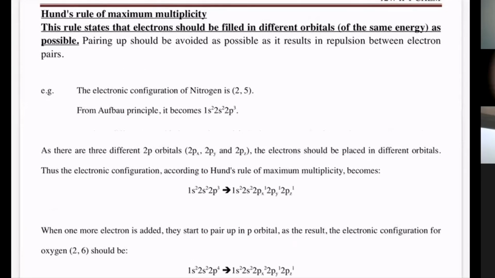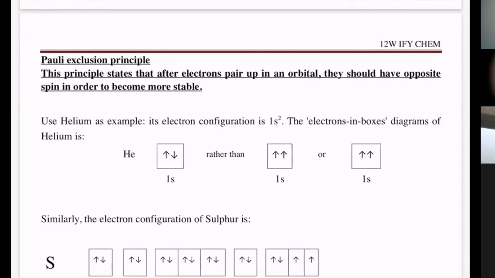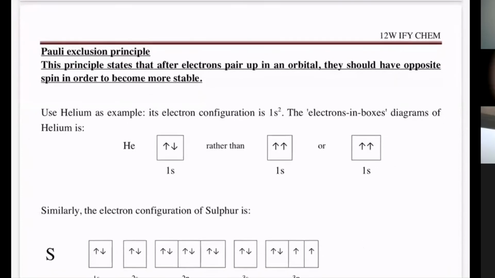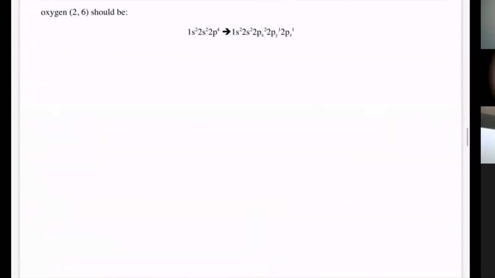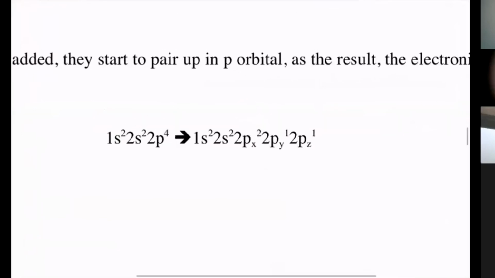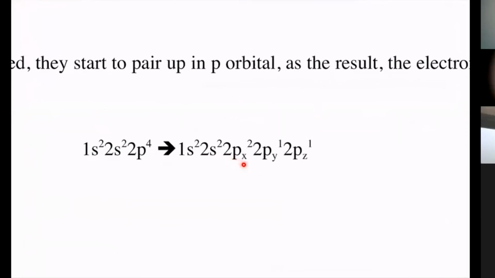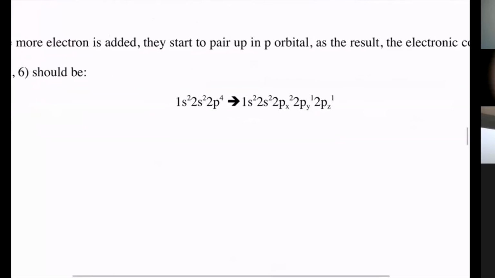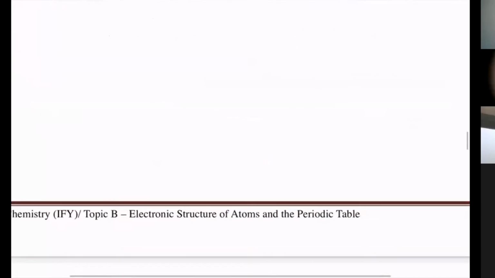Okay, and then the last one, the Pauli exclusion principle. So that's built upon this. Remember, we have 2px orbital, 2py orbital, 2pz orbital. And when we have the 2px orbital filled with 2 electrons, how should we arrange these 2 electrons to minimize the repulsion?